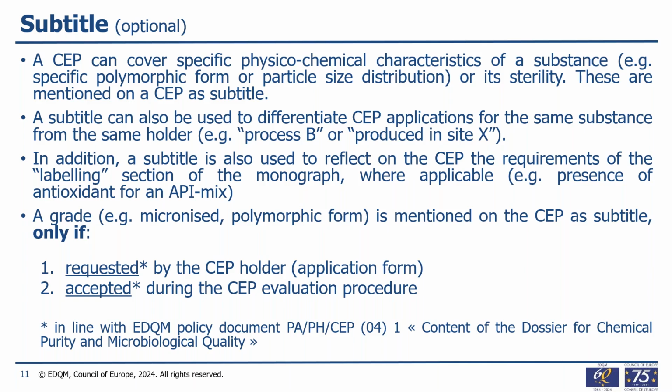The grade is mentioned on the CEP as a subtitle only if it is requested by the CEP holder clearly in the application form, and if it is accepted by the EDQM during the CEP evaluation procedure in line with the EDQM document 041, content of the dossier for chemical purity and microbiological quality.